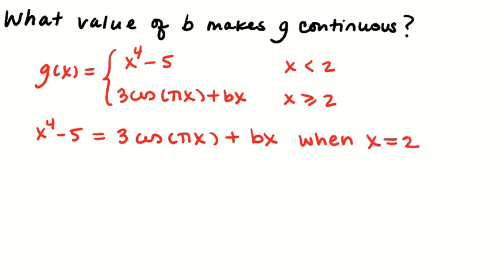So you plug in x equals 2. 2 to the 4 is 16, minus 5 is 11. So 3 cosine of 2 pi. Cosine of 2 pi is 1. So that's 3 times 1 plus b times 2. Okay, that means that 8 is equal to 2b, and b is 4.